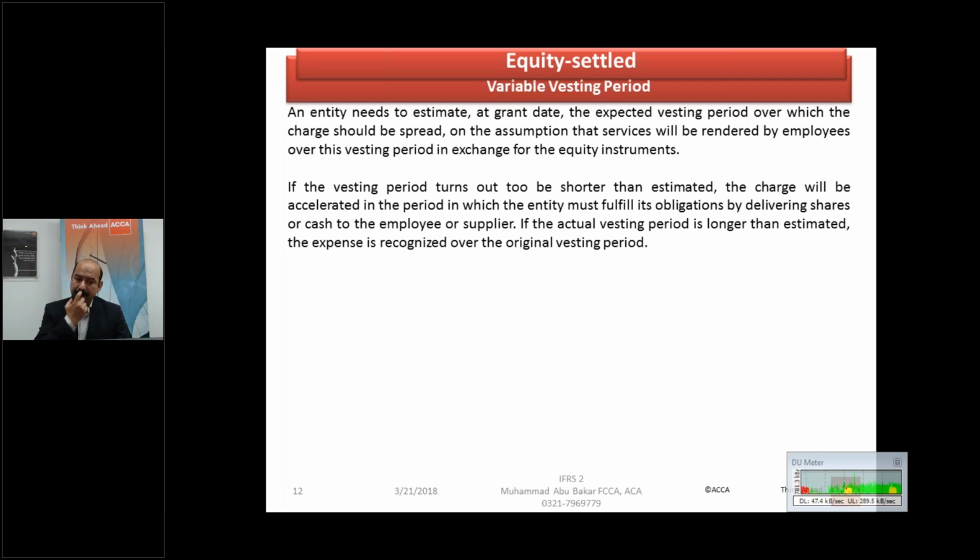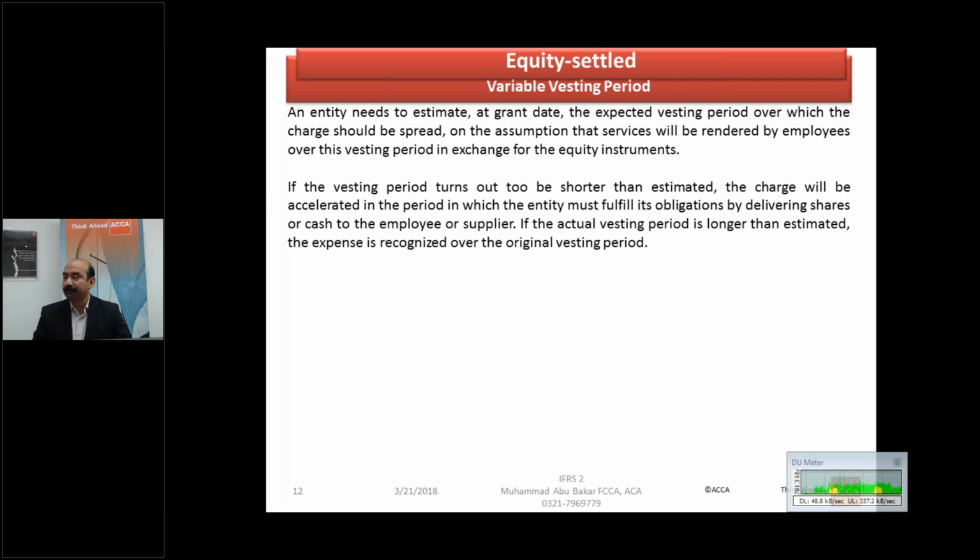So this is the situation where the vesting period turns out to be shorter than estimated. The charge will be accelerated in the period in which the entity must fulfill its obligations by delivering shares or cash to the employee or supplier. If the actual vesting period is longer than estimated, the expense is recognized over the original vesting period.